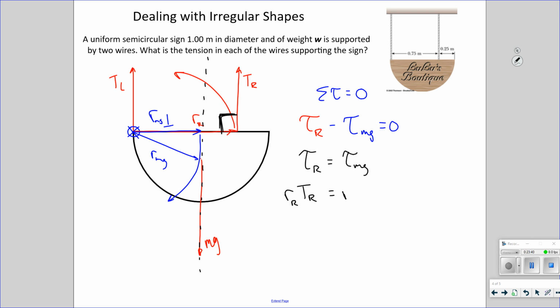Now, this I'm going to write as R_mg perp times mg. And then we don't have to worry about any of this angle stuff. What matters is the perpendicular part. It's just like saying mg produces the same amount of torque as if it acted right there.